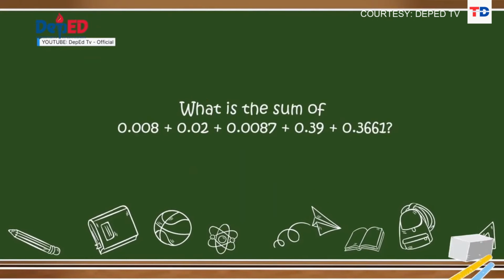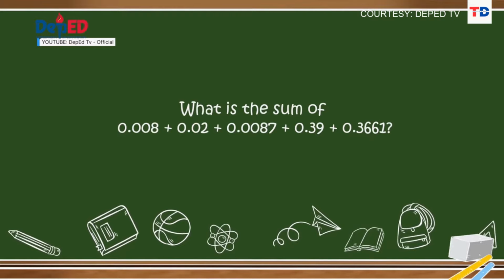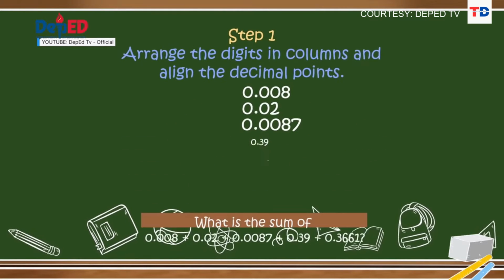What is the sum of 8 thousandths plus 2 hundredths plus 87 ten-thousandths plus 39 hundredths plus 3,661 ten-thousandths? Again, let's follow the steps in adding decimals. Step 1.